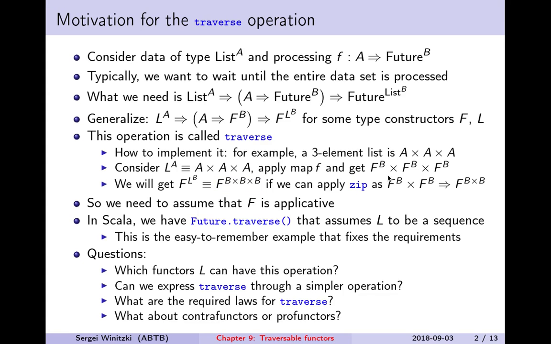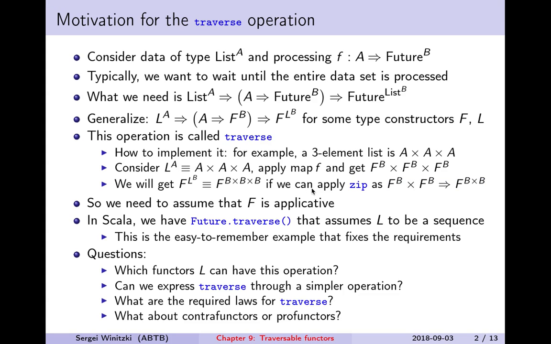Well, clearly, we need an operation that's similar to zip. A zip would be FB times FB going to f of B times B. Now we need to apply zip twice, and then we get from here to here. So once we have the zip, we will be able to implement this traverse operation.